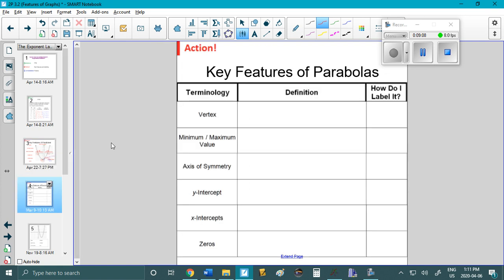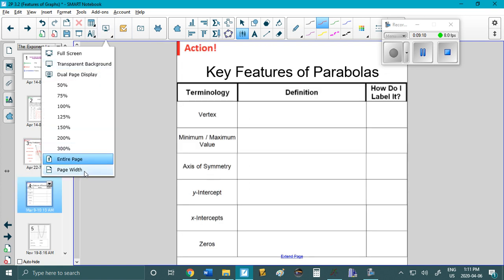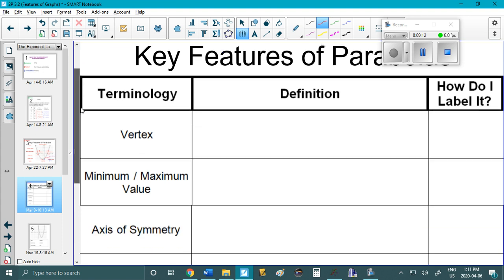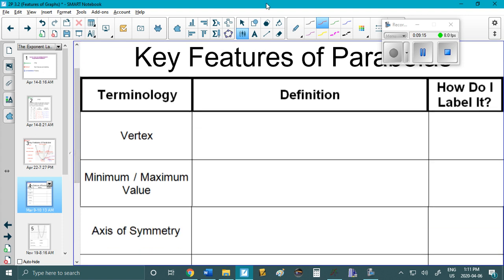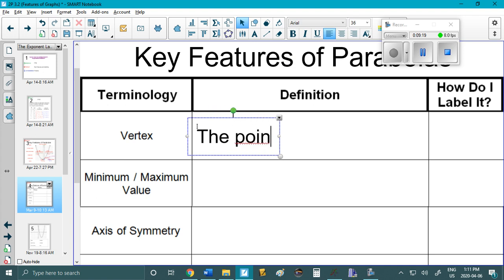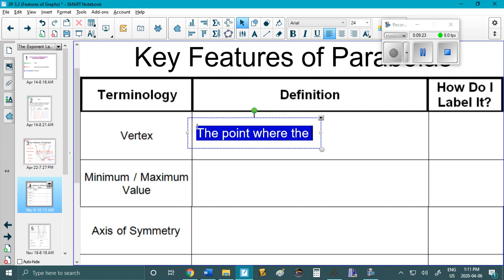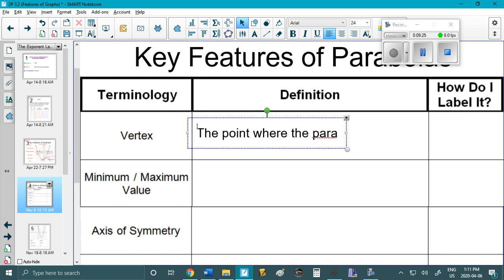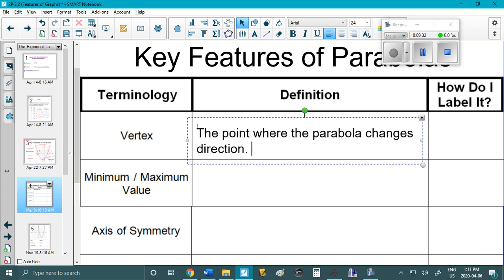Now we're going to be on the part that you have in the notes, and we are going to write this stuff out together. Okay, so first, the vertex of a parabola is the point where the parabola changes direction, the top or bottom.